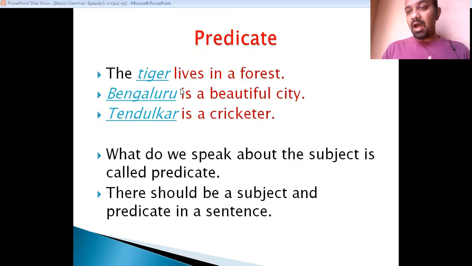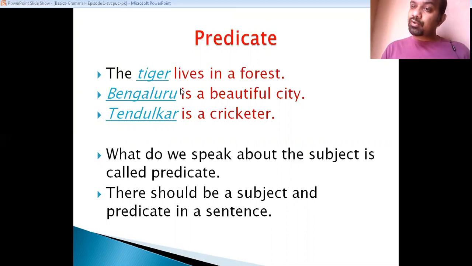Here what do we speak about? What we speak about the subject. The tiger is subject, we have seen. About which we speak, tiger. What we speak of the tiger: lives in a forest. So this part of the sentence is called predicate. So what we speak about the subject is called predicate.